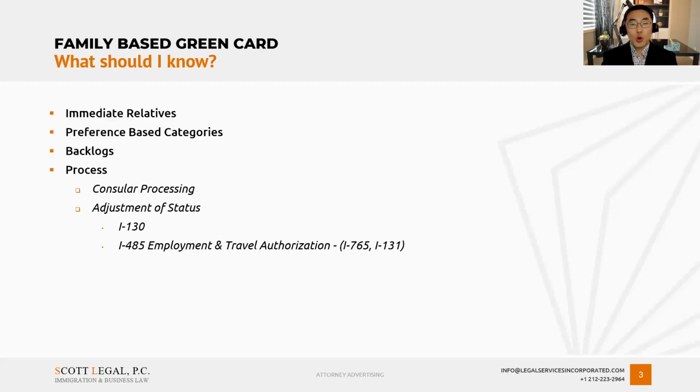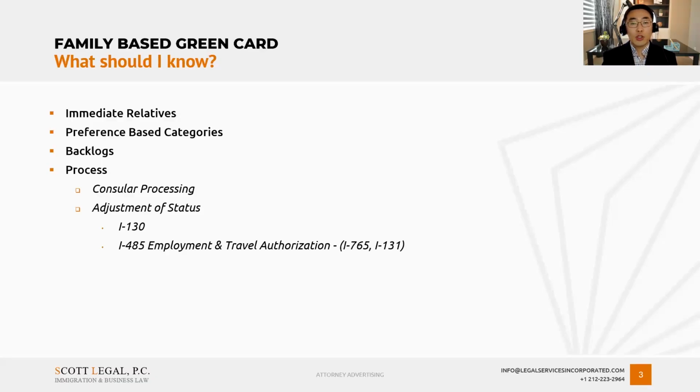A big issue with these preference-based categories is that these cases are processed and governed by a visa bulletin announced monthly by the Department of State, which causes a lot of backlogs. And this means while the green cards for the immediate relatives are always available, the green cards for the preference-based categories may not be.